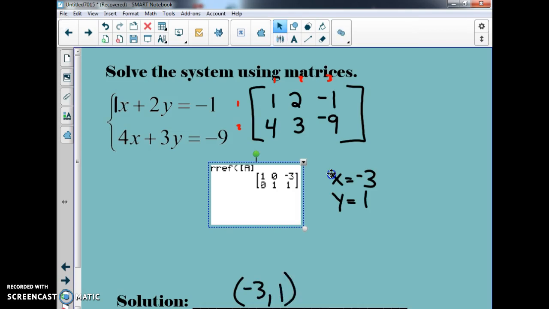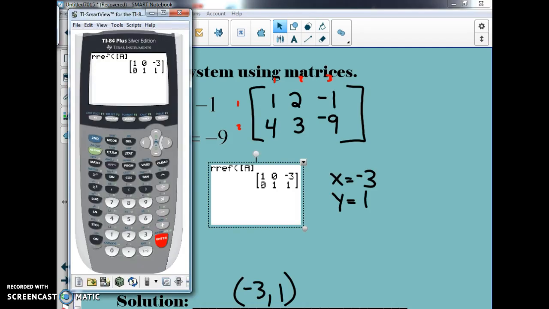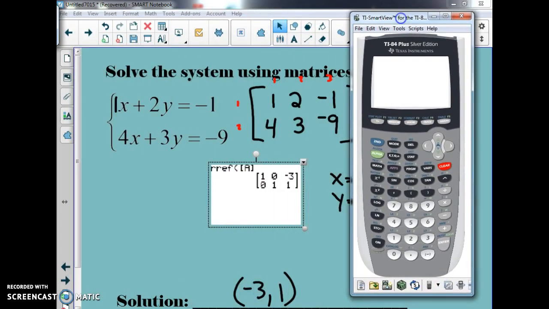Now, before I just accept this computer answer as if it's divinely inspired, I'm going to go ahead and plug my values of -3 for x and 1 for y into this problem and see if that works. Okay? So let's go ahead and check that out here. I'm going to move this over to here. I already know what my answers are.